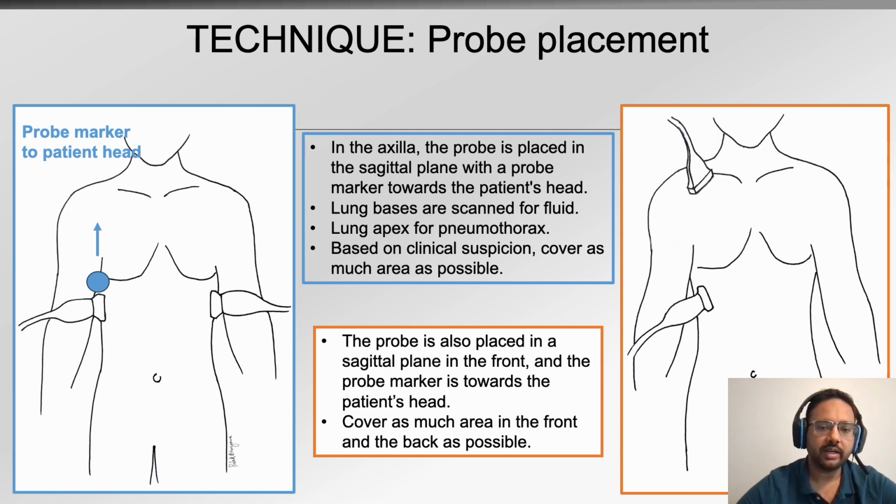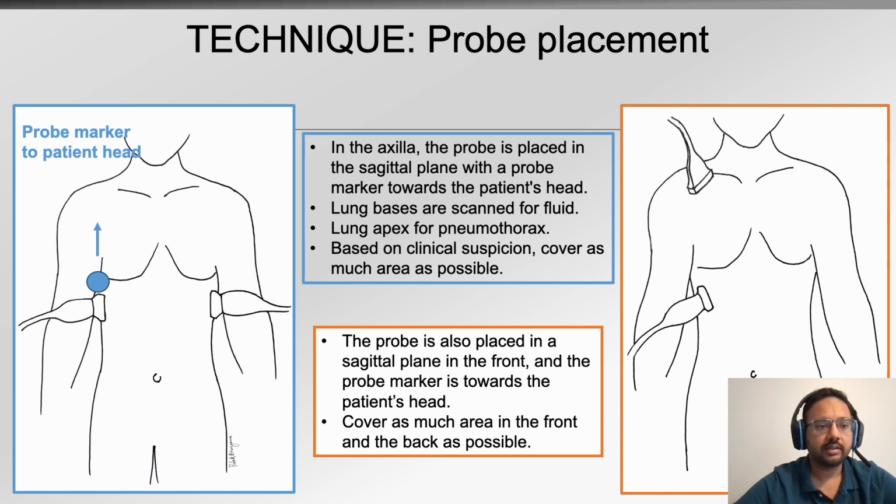Because so many different lung zones and practices have been described in literature, I did not include any of those, since not one is better than the other. But the most important thing to remember is to cover as much area of the lung as possible.